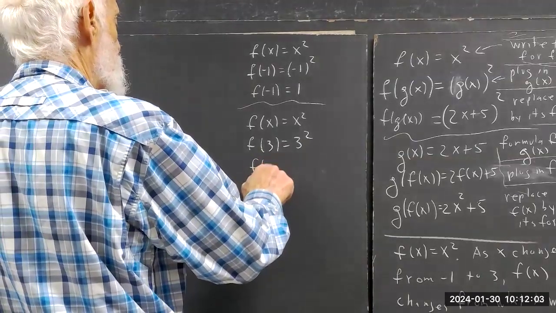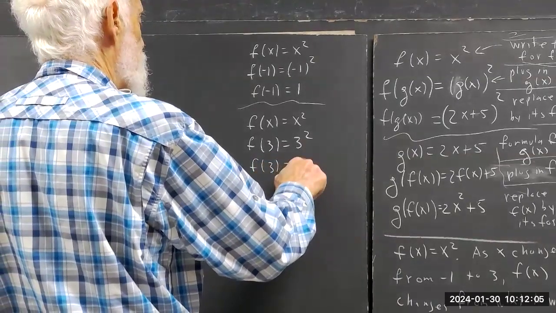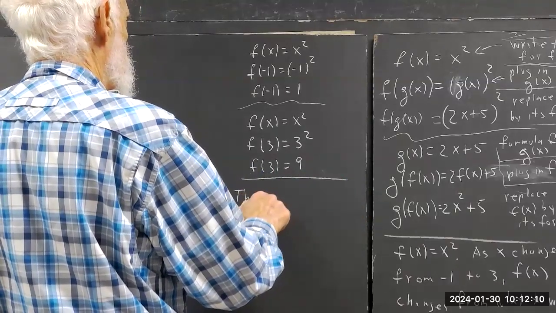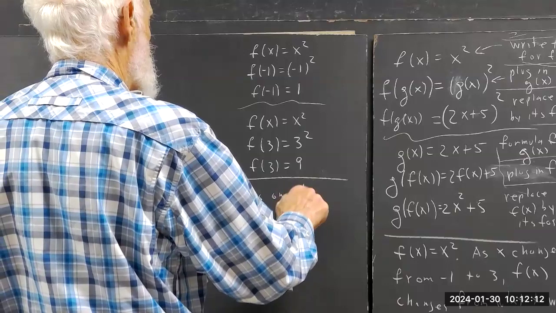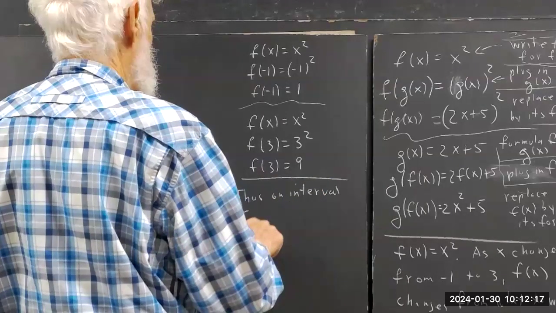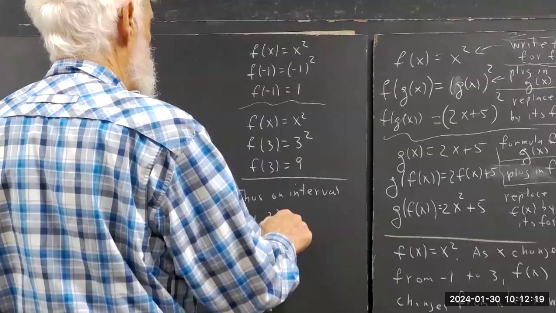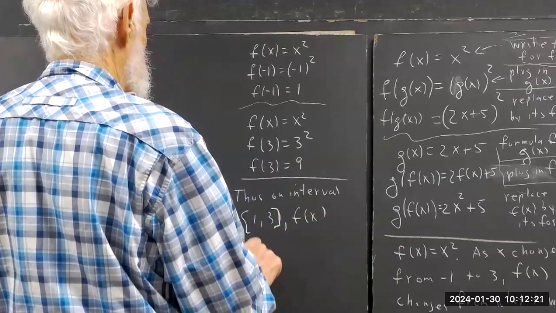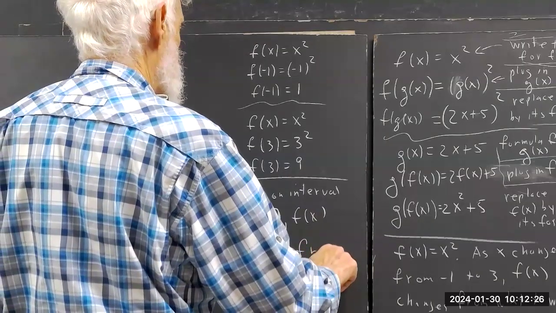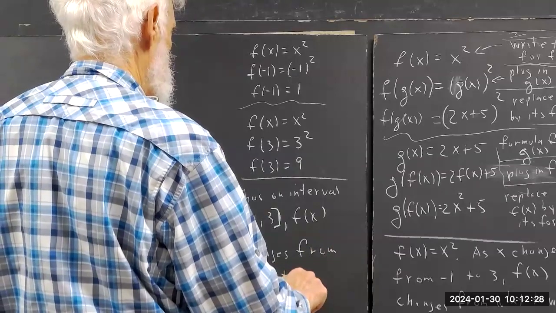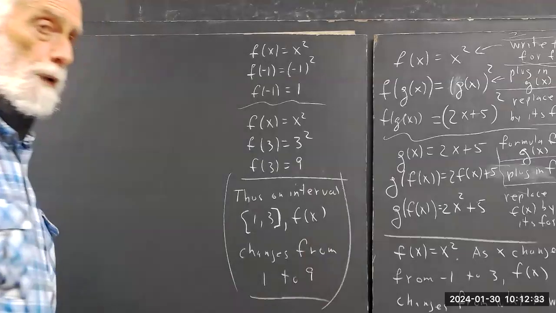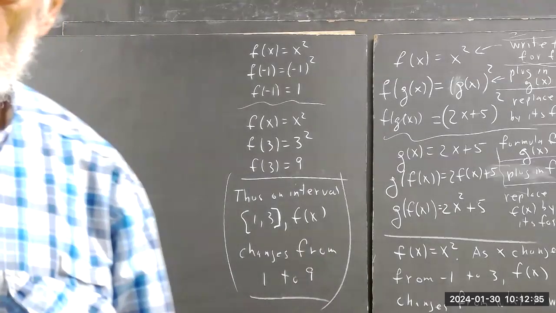So f of 3 equals 9. Okay, so f of x changes from 1 to 9.